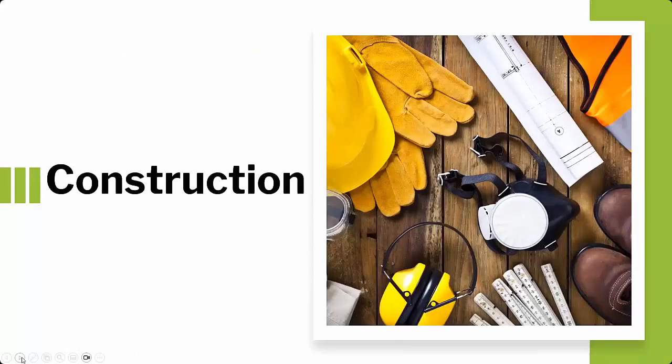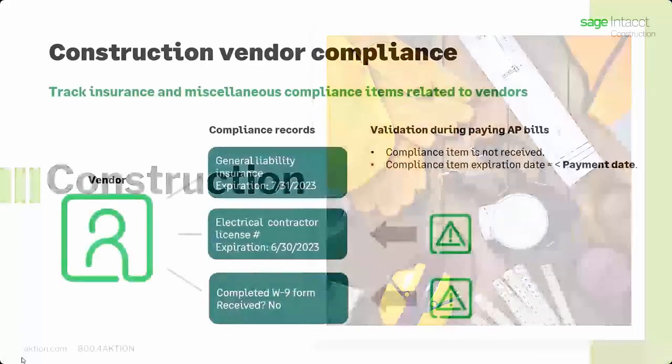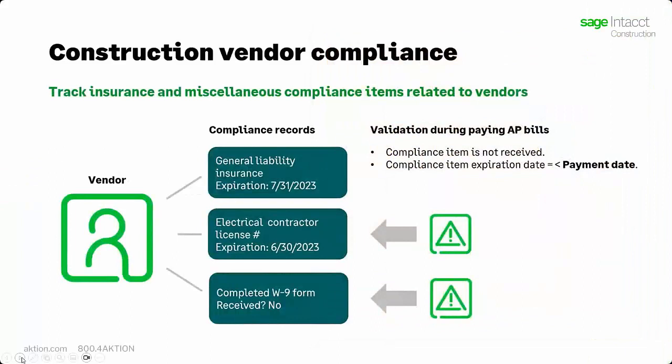All right, let's jump right into the construction feature set. The most exciting piece for this release is the first phase of our vendor compliance. For compliance management, this is the first piece that will be related specifically to vendors, and it will continuously roll out throughout the next few releases.